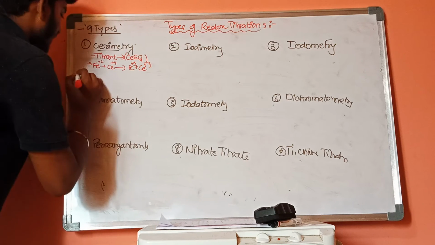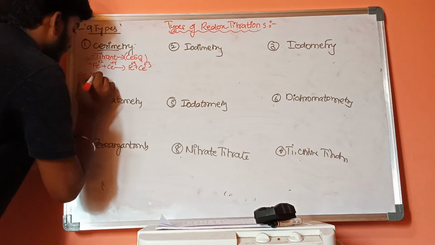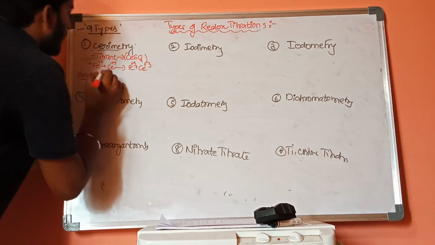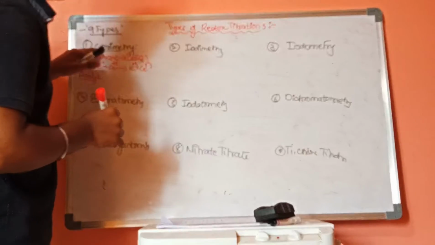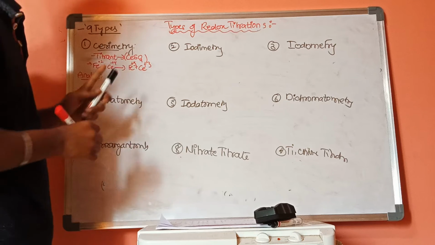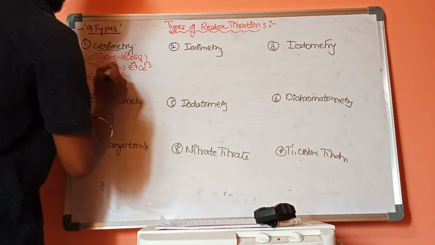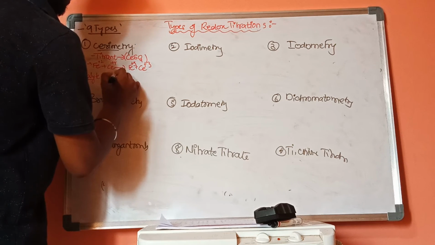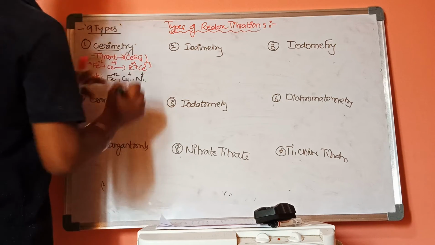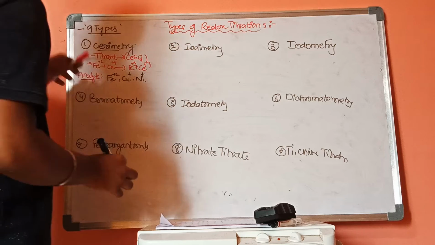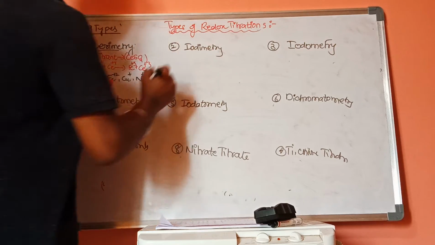The analytes which are used in cerimetry are iron, copper, nickel, etc. This is about cerimetry.